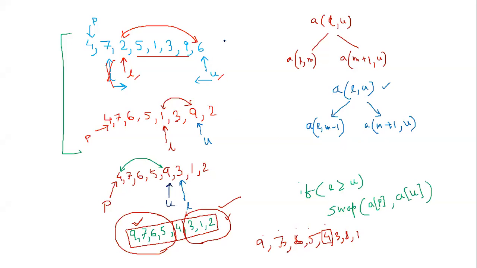Before the recursive call starts, I have already got the correct position of the pivot, so I don't need to involve it. This is a very important difference between quicksort and merge sort. And when you write the program, you have to be careful with the recursive call. If by any mistake you involve the position of the pivot element also, ultimately you will get some wrong output.